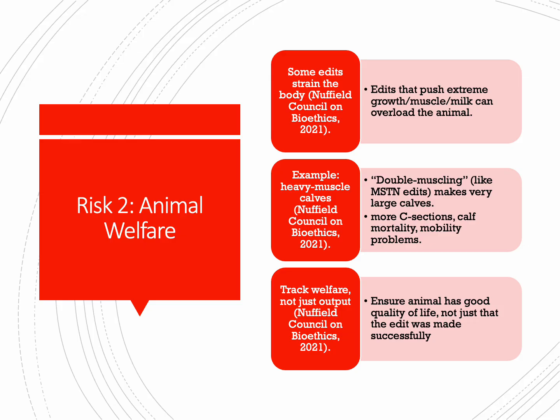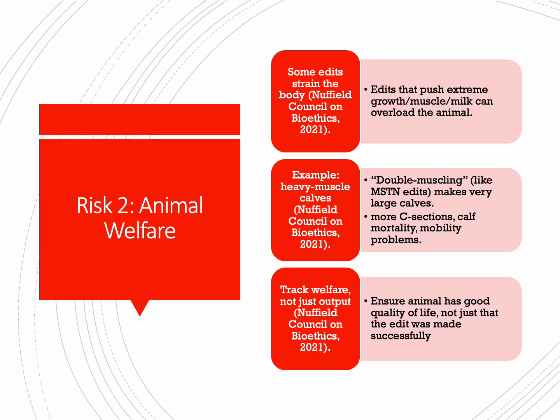which is the double muscling, like the STN edits, which makes the cows very large, but it also is more beneficial to humans than the animal. It could cause a spew of problems in the animals, such as more C-sections, loss of life in calves, and mobility problems in their walking due to increased muscle.